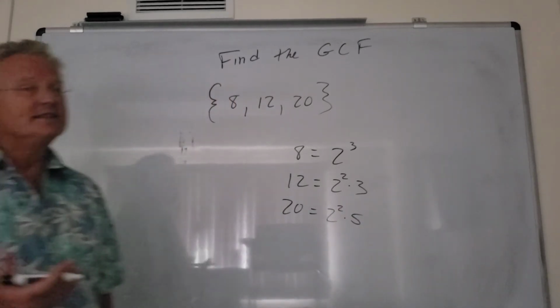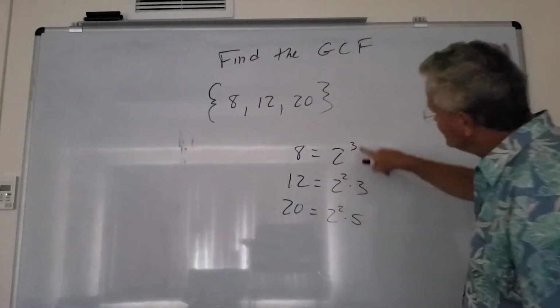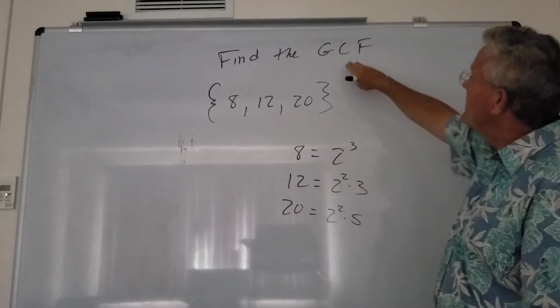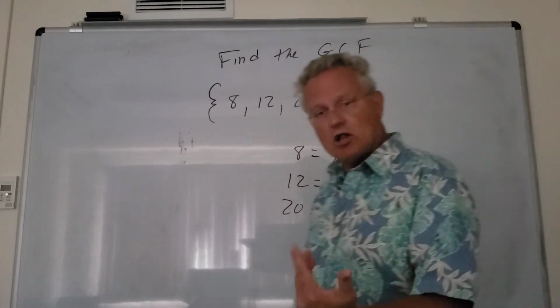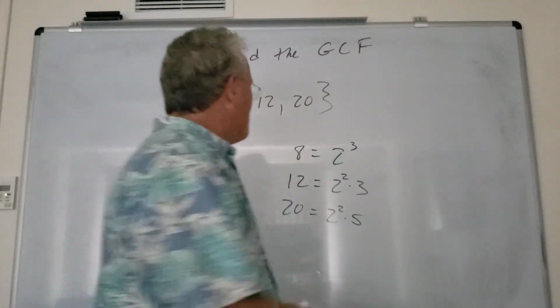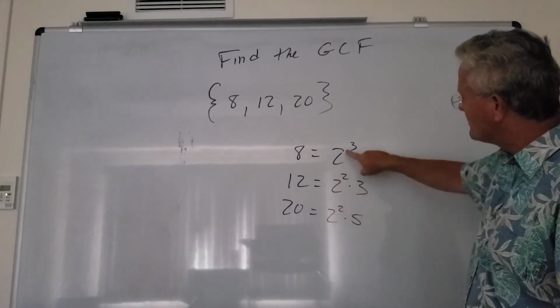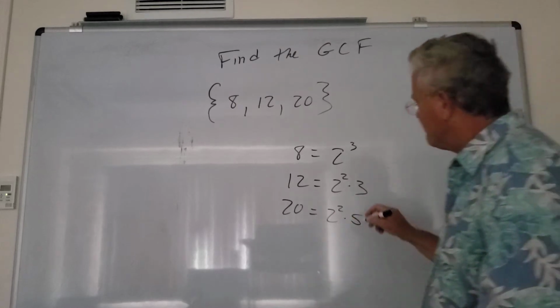Now, when we did the least common multiple, we circled the larger exponents. Now, with the greatest common factor, we circle the smaller exponents. What's smaller? Well, 2 2's is smaller than 3 2's. These are the same, so just pick one of them and circle it.